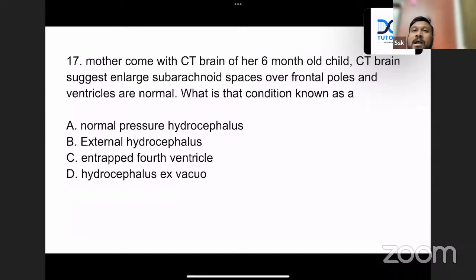Now, the next question. A mother comes to you with the CT brain of a 6-month-old child, and the CT brain is suggesting enlarged subarachnoid spaces over the frontal poles, and the ventricles are normal. What is this condition called? It is commonly encountered, especially in the present situation where, for medico-legal purposes, we take a CT for every trivial fall.